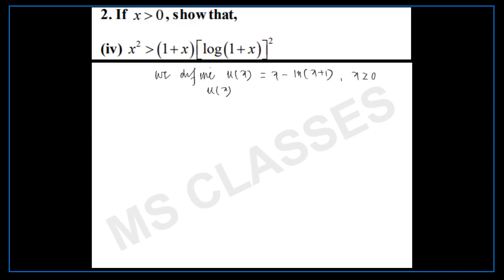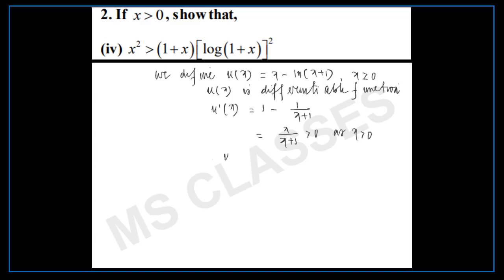So u dash x equals 1 minus 1 by x plus 1, so x by x plus 1 is greater than 0 as x is greater than 0.